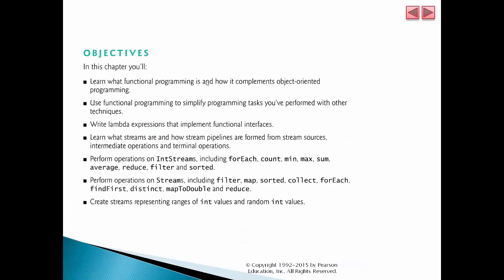So in this half of the lecture, we'll discuss what functional programming is, how it complements our object-oriented programming, and how Java interprets functional programming in its syntax, what the lambda expressions are, and how they implement the functional interfaces.